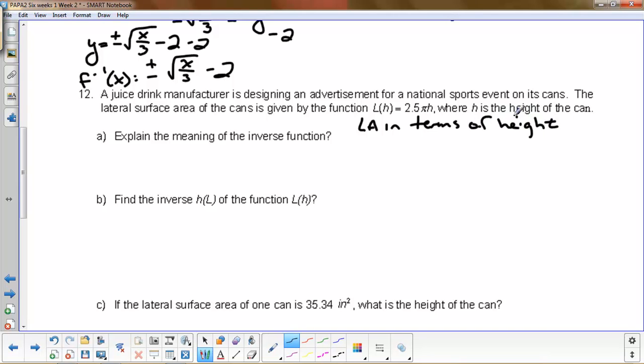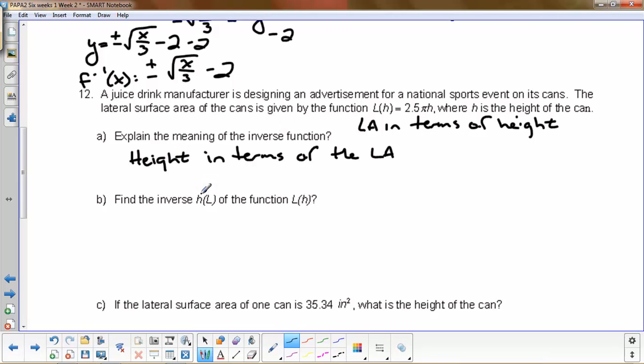That means that the height is independent and the lateral area is dependent. The inverse of the function is the height in terms of the lateral area. That means lateral area is independent and height is now dependent.